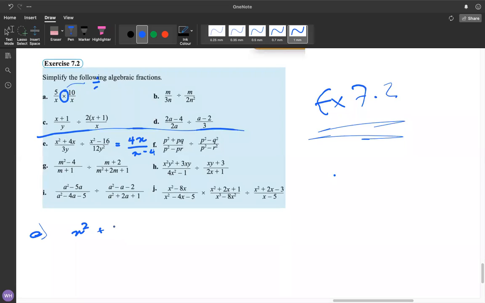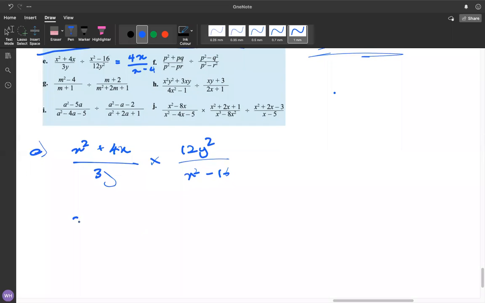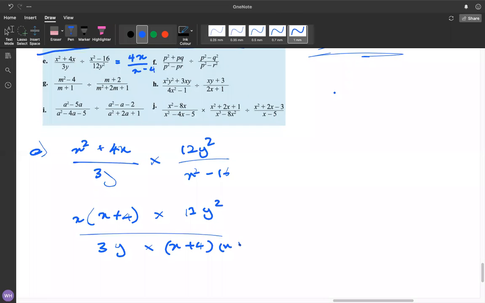Okay, let's check whether your answer is correct or wrong. This is 3y, and I will write in the reciprocal 12y squared over x squared minus 16. Simply you can see that x is common in this one, so take it out of the bracket and write x plus 4 times 12y squared, and this is 3y times x squared minus 16 can be written as x plus 4 and x minus 4 as a product.